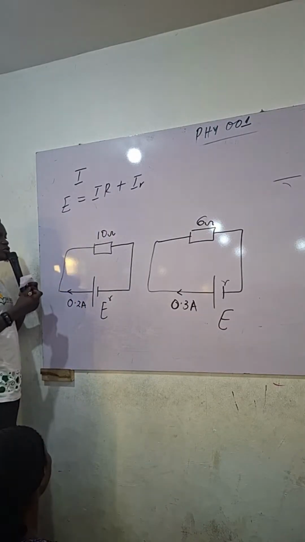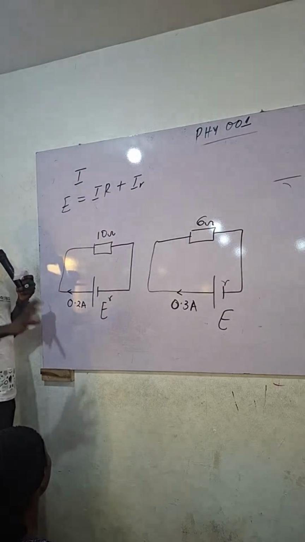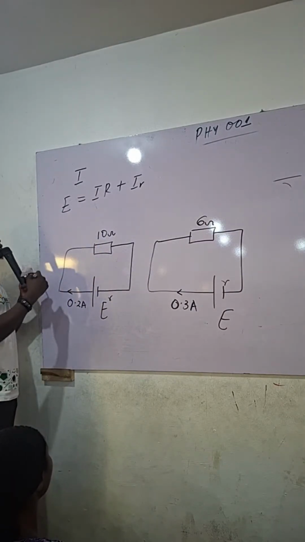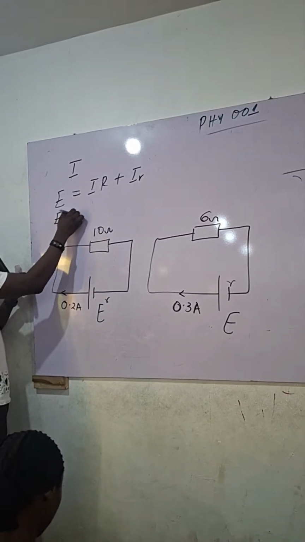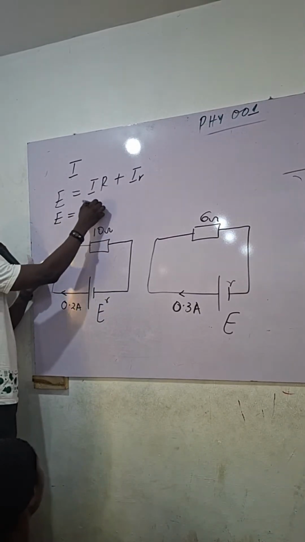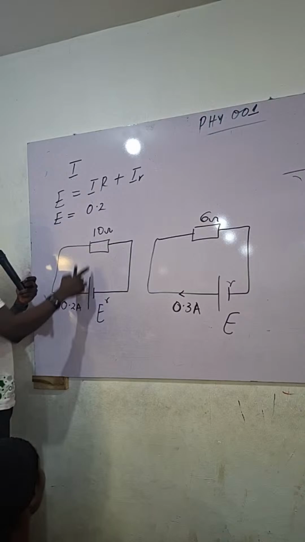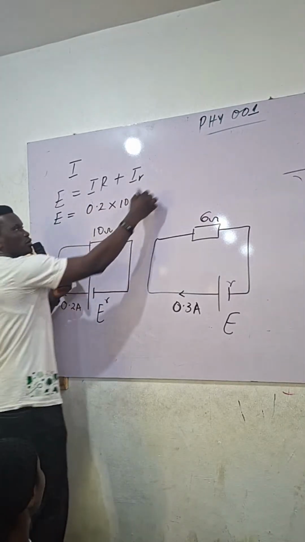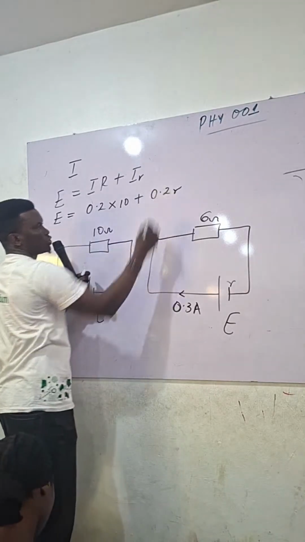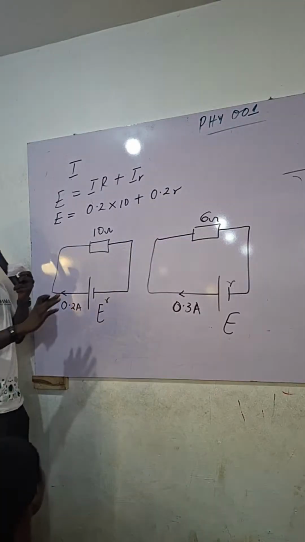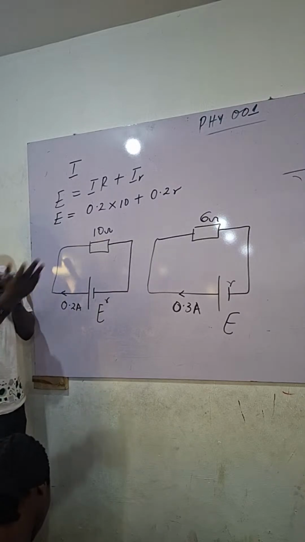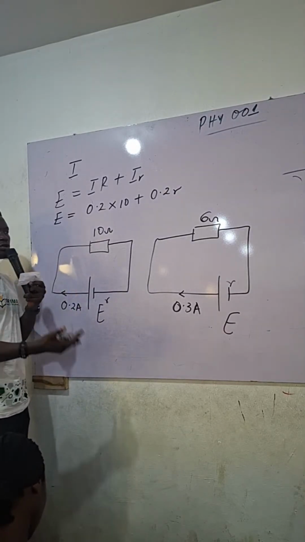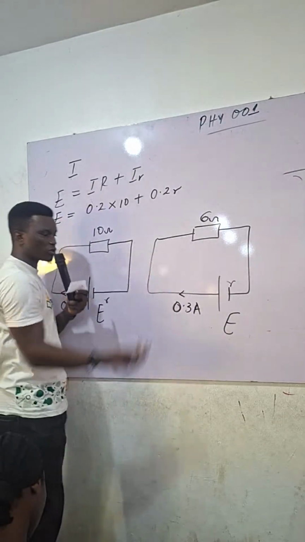So now, this is for this one. Let's put the values. So we are going to have E is equal to 0.2 times (10 plus R). You don't know that? Normally I can call this equation 1, but let me just be doing it side by side so that you don't get lost.